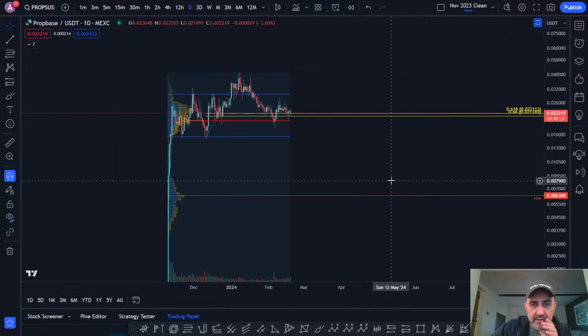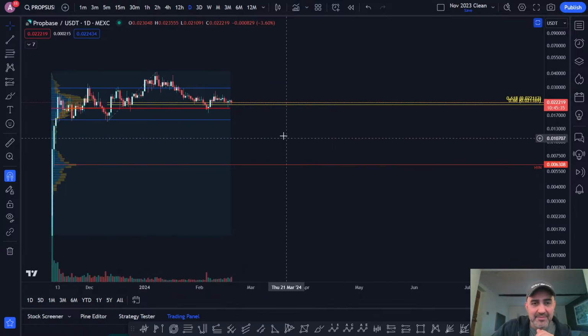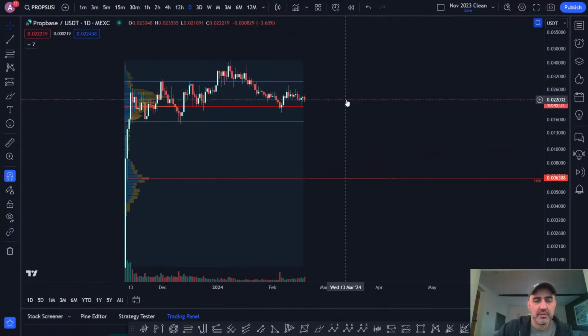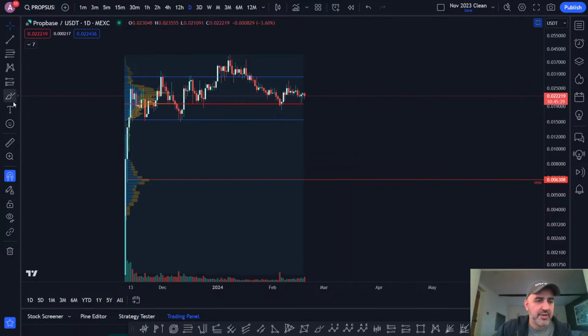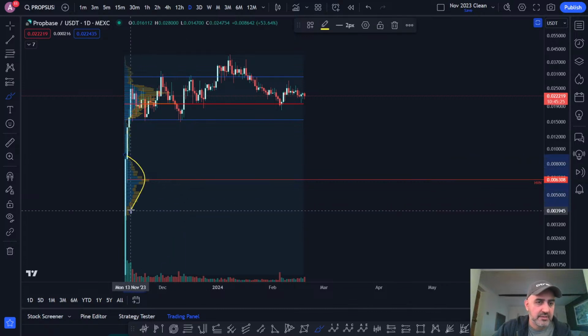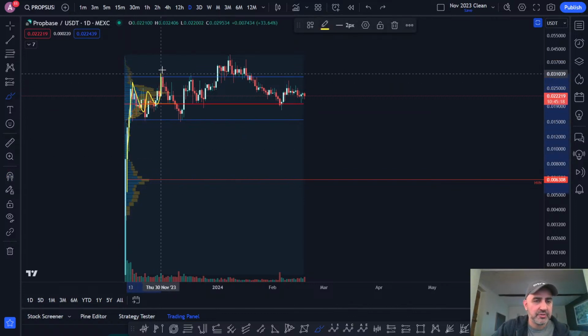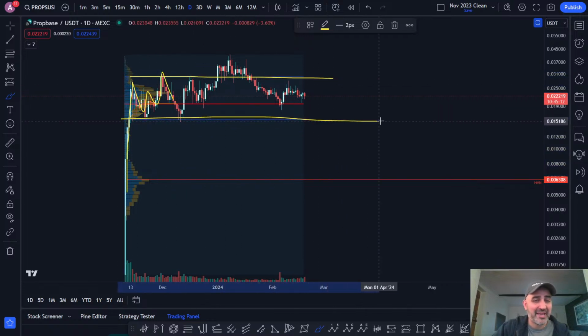So you see, this kind of did the same thing in a much shorter time frame. You had the first kind of distribution there, and now it's in reaccumulation. The first move up was distribution, and then you're in some kind of reaccumulation range now, kind of like PEPE a little bit.